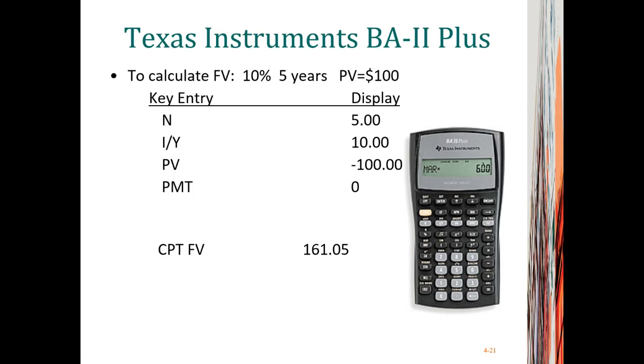I/Y is the interest rate, so you press I/Y, then press 10, because your calculator recognizes it as a percentage. The third one is PV, the present value, and the present value is 100. But your calculator is very sensitive to the direction of cash flow. So ask yourself, is this money that you are going to receive or money that you are going to spend?